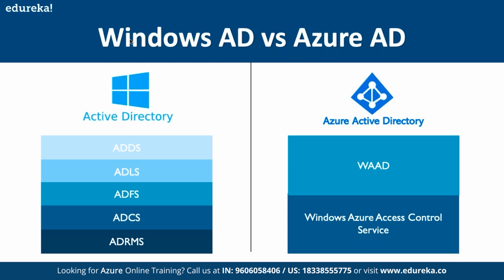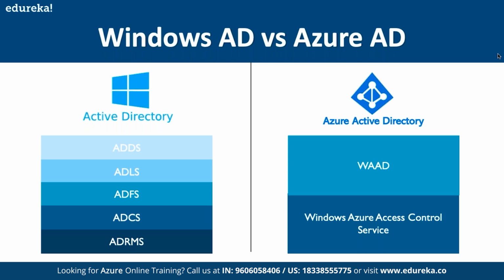In the end, users don't have to worry about how they can access the organization's resources and services, or where they are located. It can be on-premise or it can be based on the cloud as well.